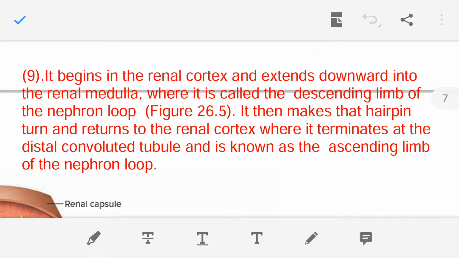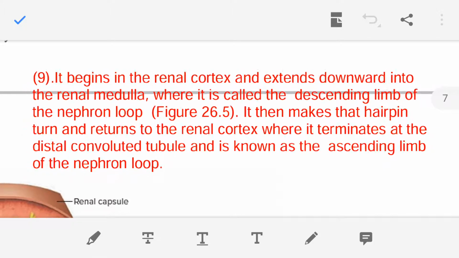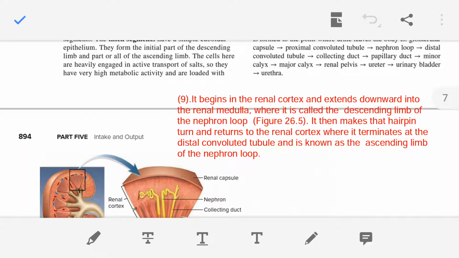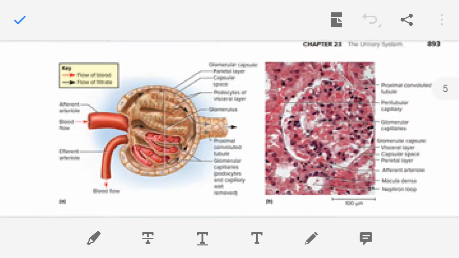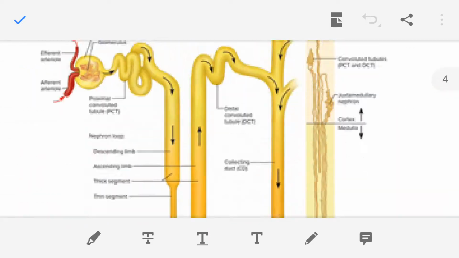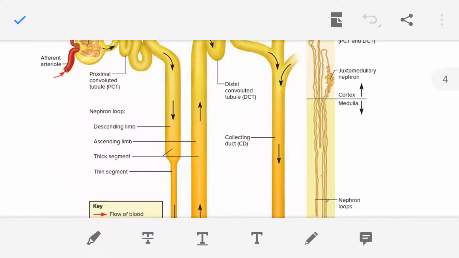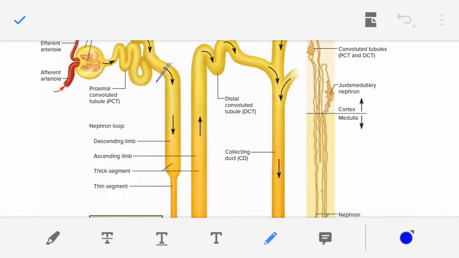Now you read this point, and with the figure I am explaining what they are trying to explain to us. See this portion, at this part, the renal nephron loop starts, this is the beginning, and at this portion here, the nephron loop ends.